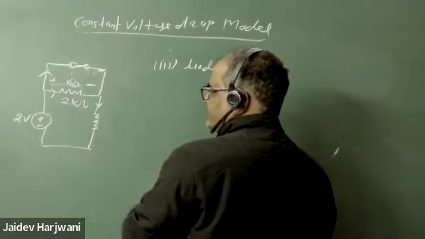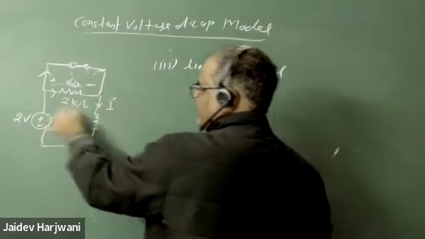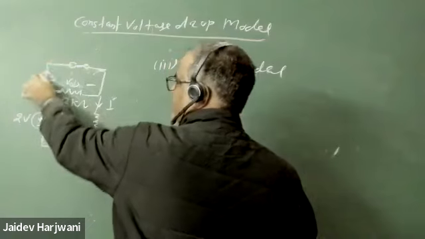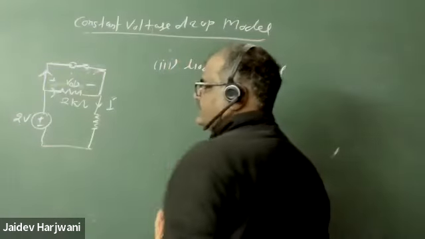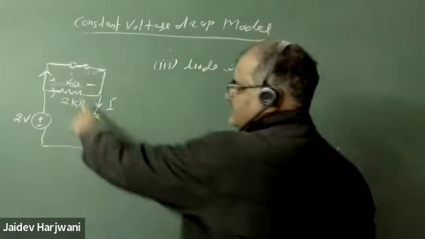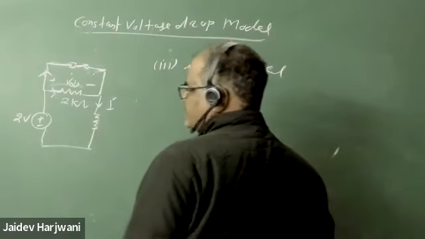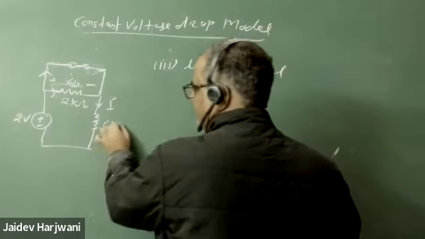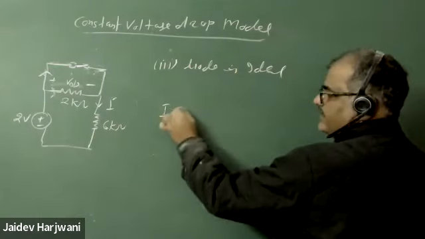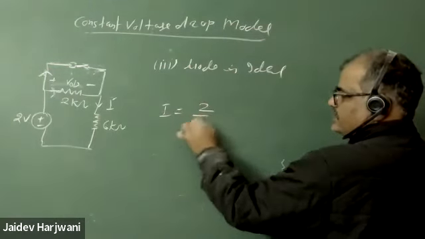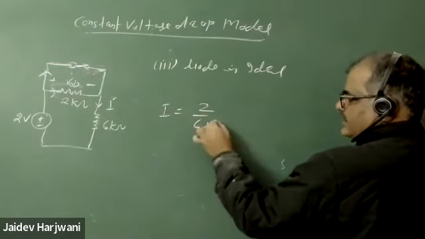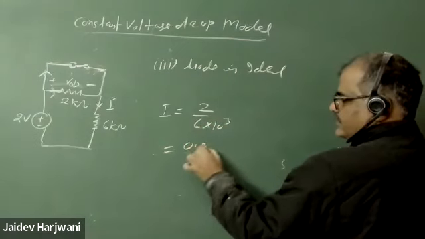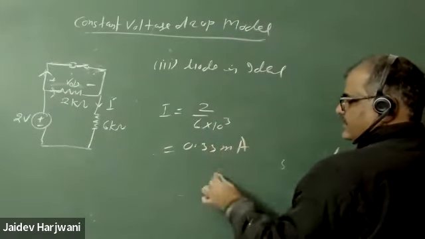So when this is a short circuit, that means no current is flowing through this diode. All the current is going here, isn't it? This resistance becomes short, so we cannot consider this resistance. So only my current will be, I will be how much? 0.33 milliampere. That's all.